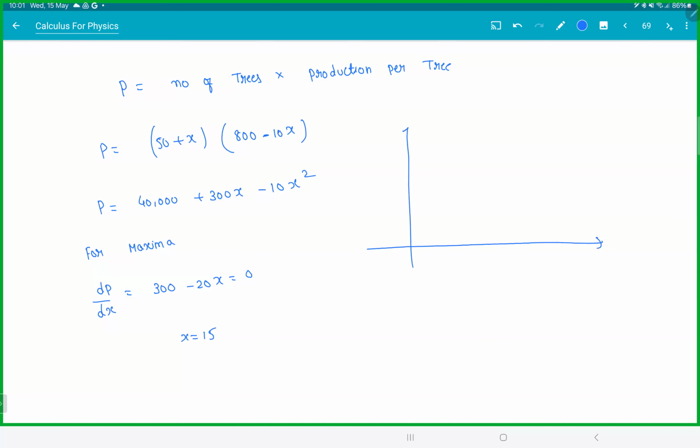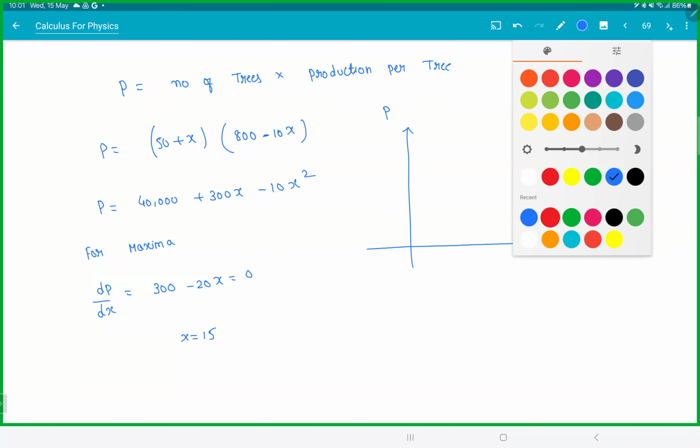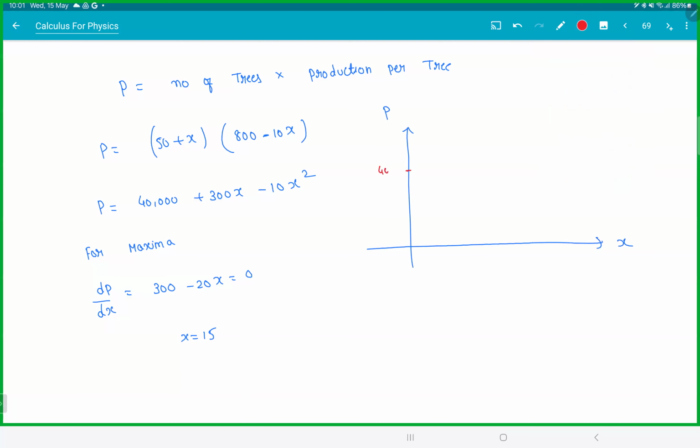If you actually try to plot a graph of production versus X, initially you're producing around 40,000 apples. And when you plant 15 trees, the production will peak and then it starts dropping again. So if you actually substitute the value of 15, I think you get around 42,250 apples.